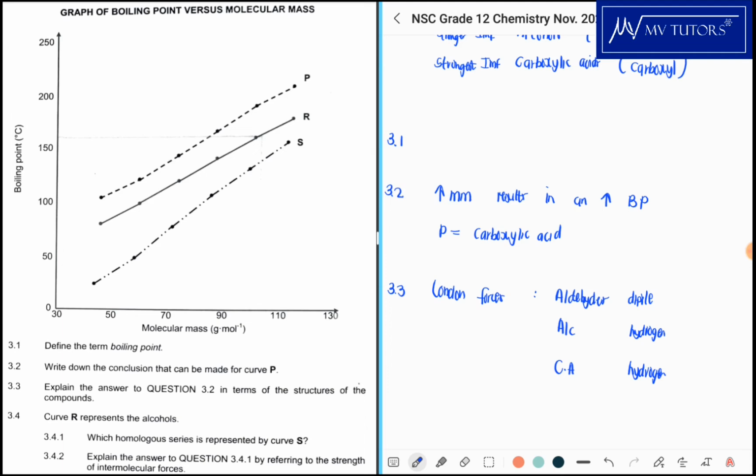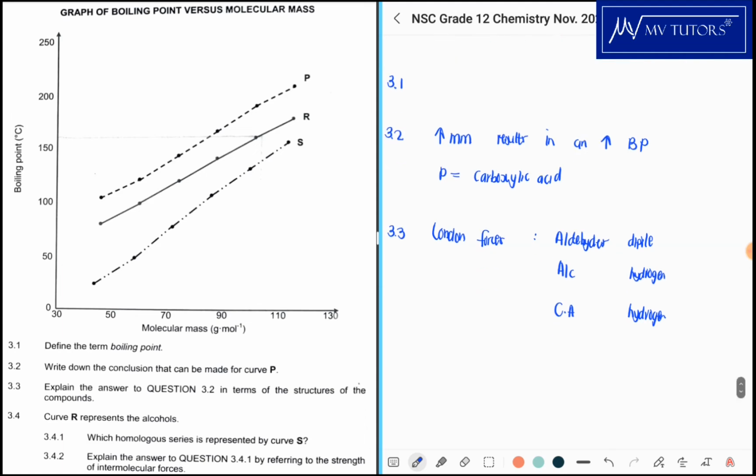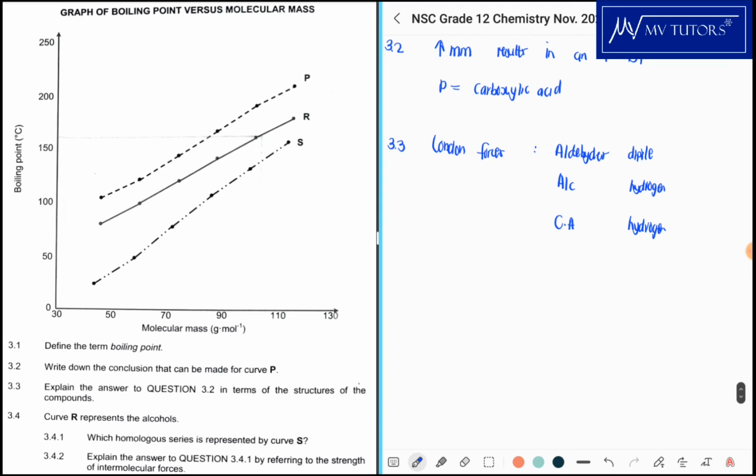All right, so, but now they said explain in terms of the structures of the compound. So as a result, with your aldehydes, because it's just a dipole, you have your carbon that is double bonded to oxygen. Okay. And then your alcohol, you have it bonded to the OH group.